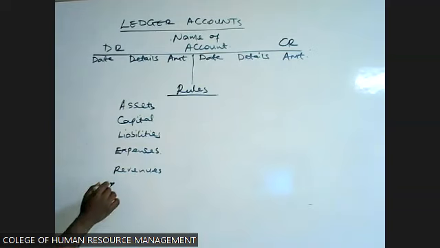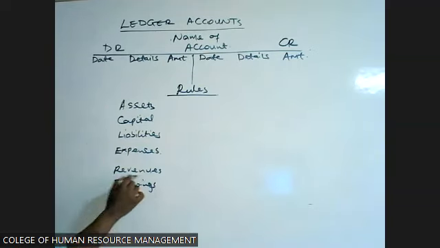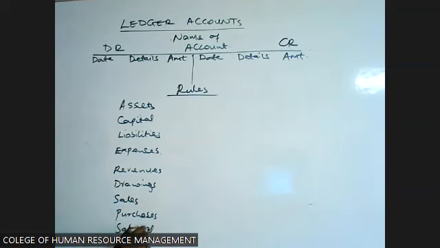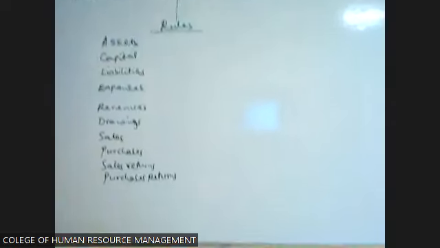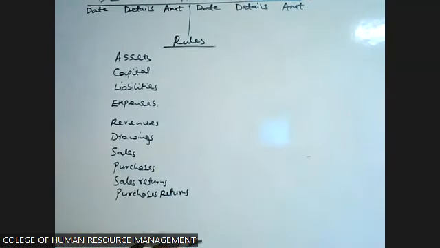We have others we call drawings. And maybe I am going to include these ones because they are mostly going to be affected: the sales, purchases, sales returns, purchases returns. Those are the items that you are going to find in the ledger accounts.